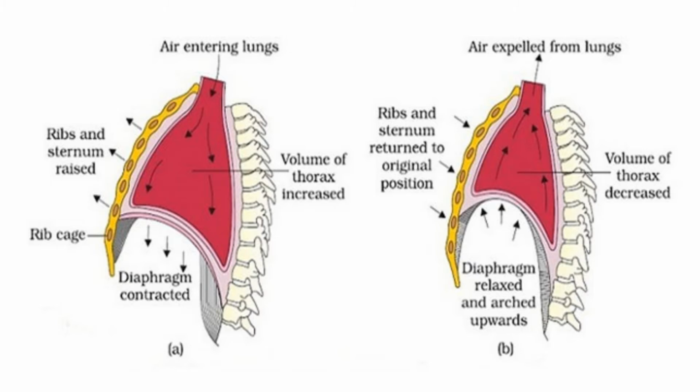As the air enters, the diaphragm contracts and the ribs and sternum are raised, thereby increasing the volume of the thorax. In picture B, the diaphragm is relaxed and arches upwards, the ribs and sternum return to original position, and finally there is a decrease in the volume of the thorax.